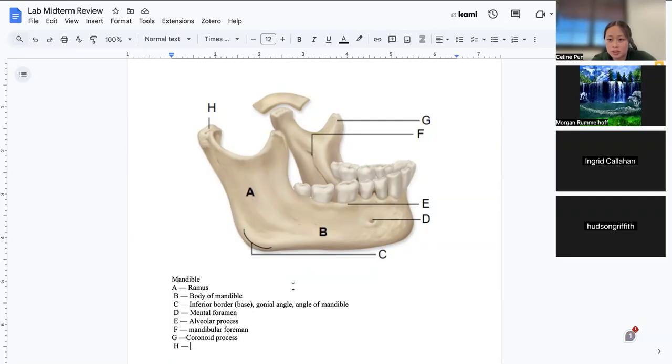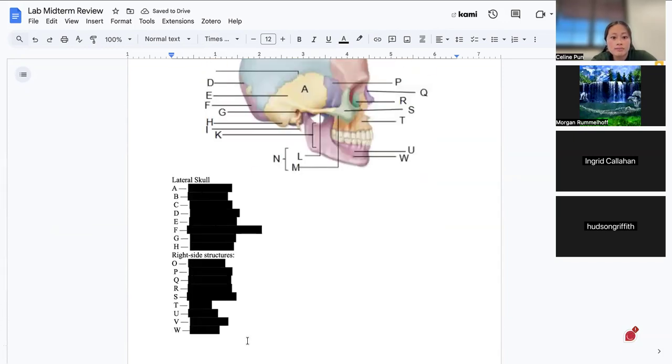Process is like something jutting out. Okay, and last one, H. What is this part called? Another process. Condylar, which is like another structure that is jutting out.